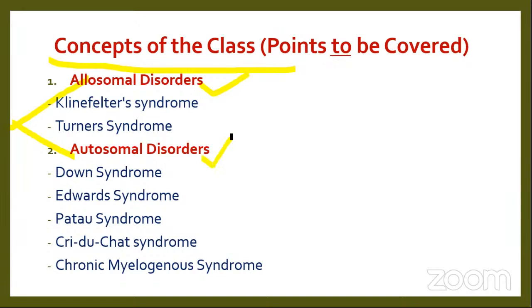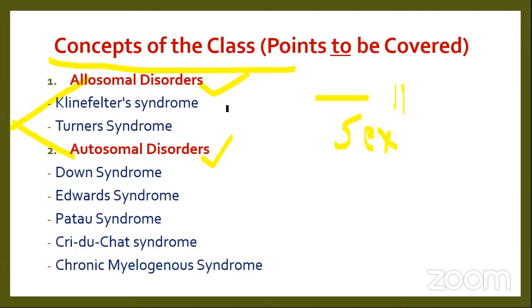You must know the meaning of allosomal and autosomal. In the previous class, I told you that allosomes are the last pair of chromosomes. These allosomes are also called sex chromosomes. The sex chromosomes in the male are XY, and in the female it is XX. If any disorder occurs due to changes in the sex chromosomes, that's called an allosomal disorder.